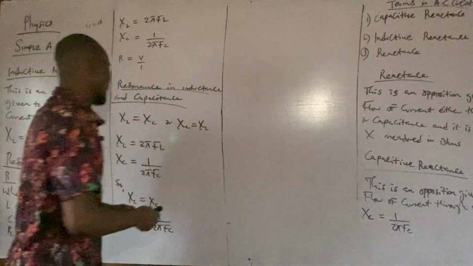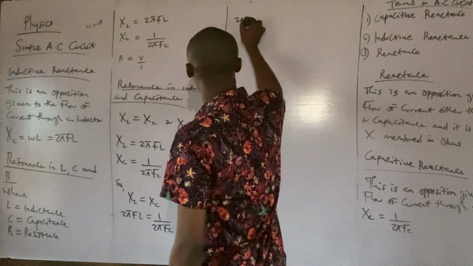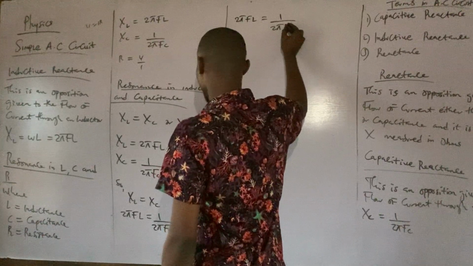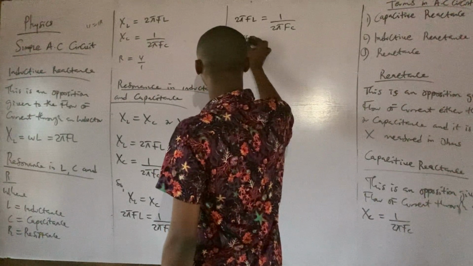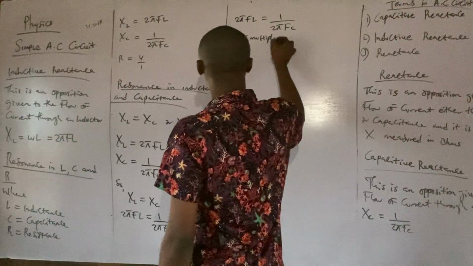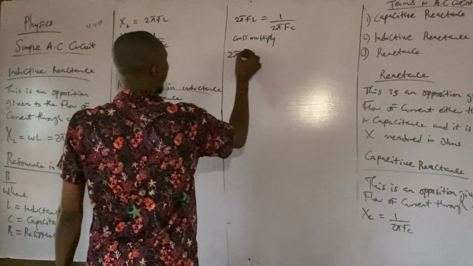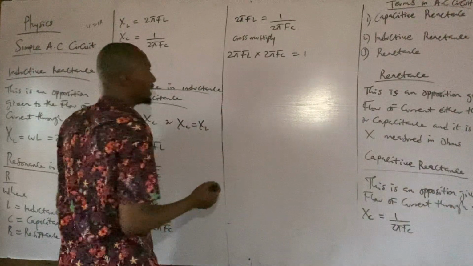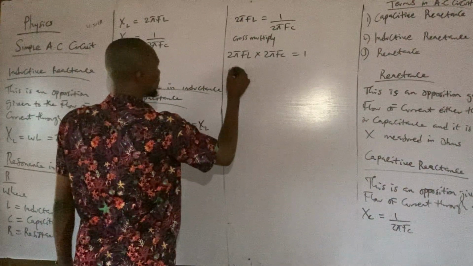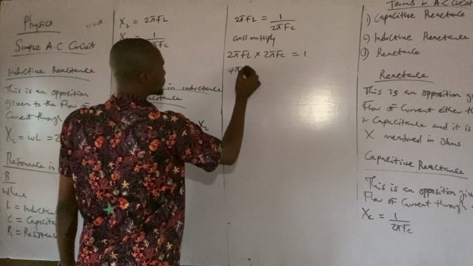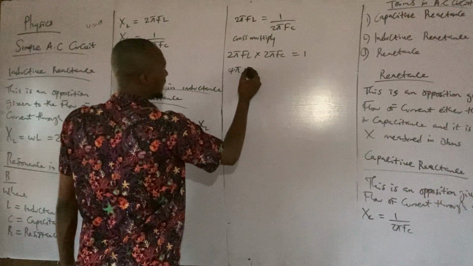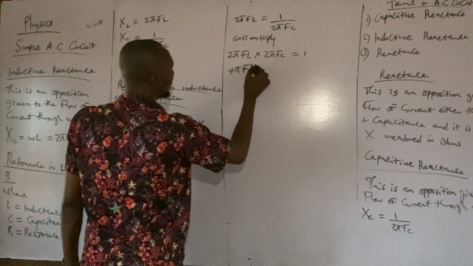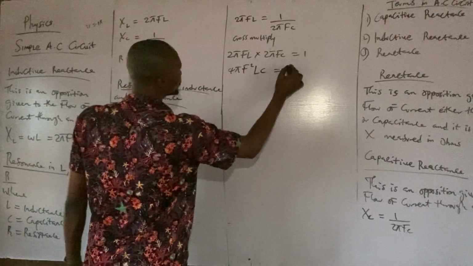Now, we have 2 pi FL equal to 1 over 2 pi FC. When we cross multiply, we have 2 pi FL times 2 pi FC equal to 1. 2 pi times 2 pi gives us 4 pi squared, and F times F gives us F squared, so 4 pi squared F squared LC equals 1.